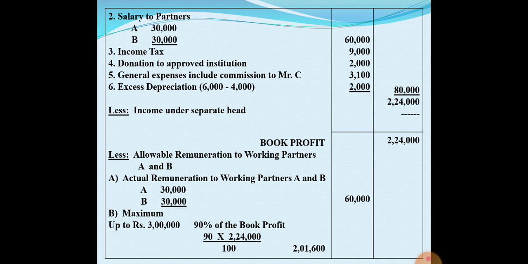Item B, maximum, there is a slab up to 3 lakh of the book profit.